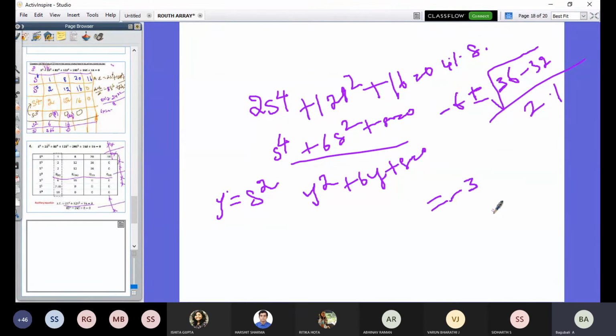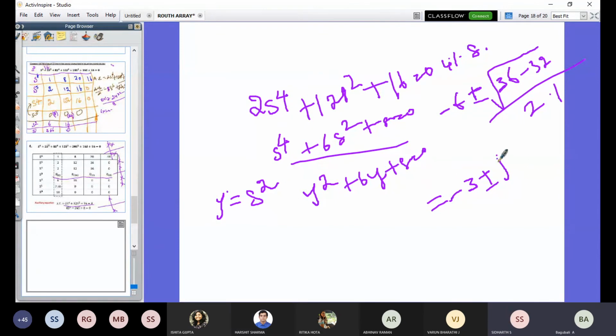Correct? Plus or minus root of 36 minus 32 is 4. The root of 4 is 2, 2 by 2 is 1. Plus or minus j, correct? Something wrong? It won't be j, it will be plus or minus 1.